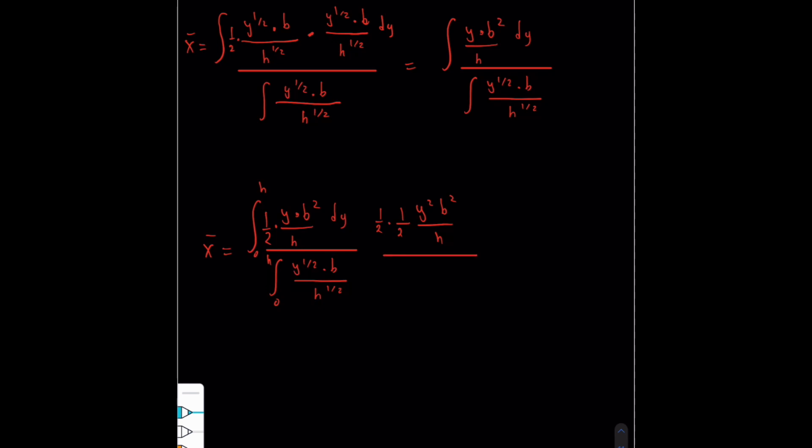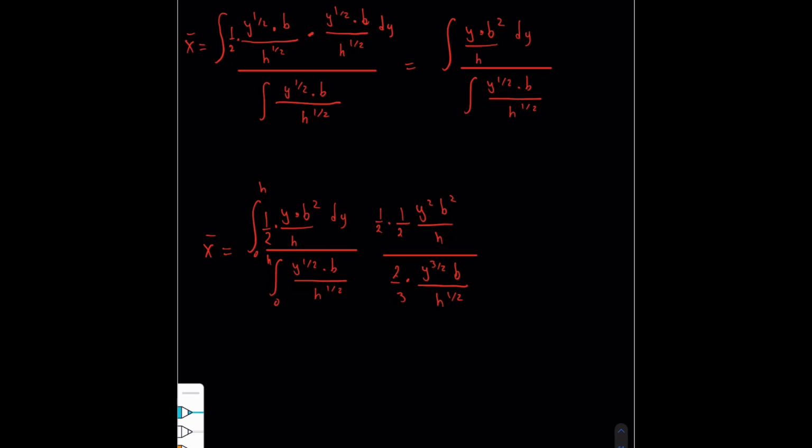And for this over here, it's going to be 3/2 b multiplied by 3 h^(1/2).